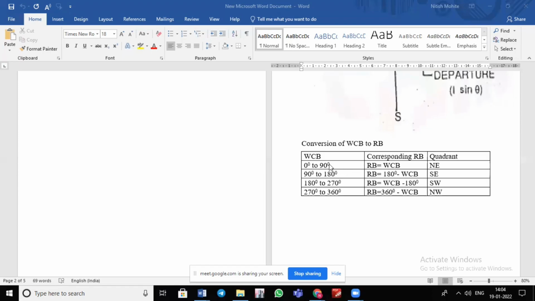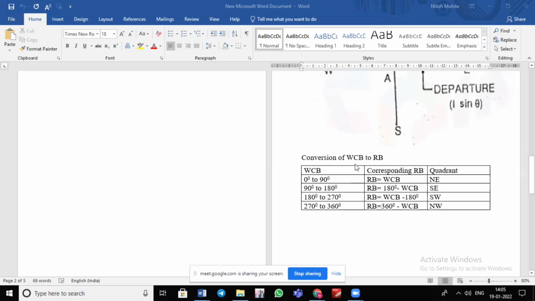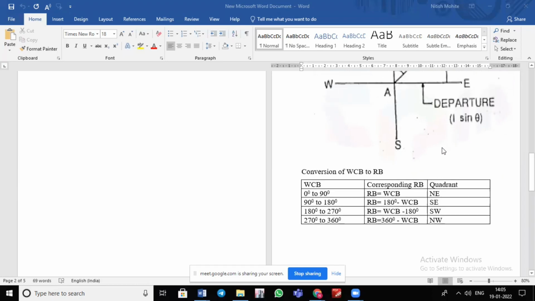Also we have gone through how the conversion of WCB to RB is to be done. Suppose the line of the traverse lies between 0 to 90 degrees, in the first quadrant, northeast. To convert the WCB, that is whole circle bearing, to reduced bearing, the angle will remain as it is. Where it lies in the second, southeast quadrant, it is 180 minus the angle, and you get the RB.